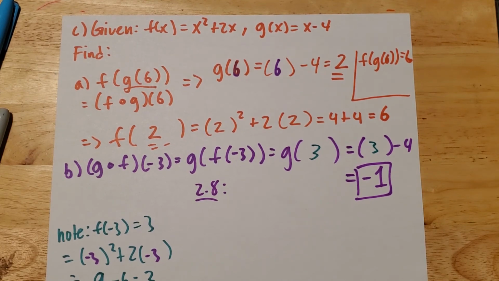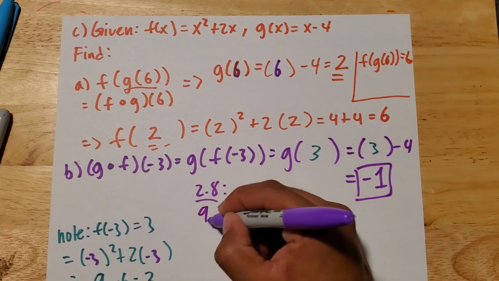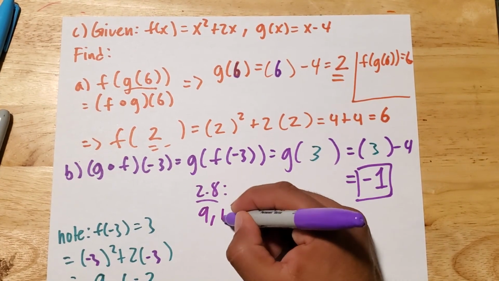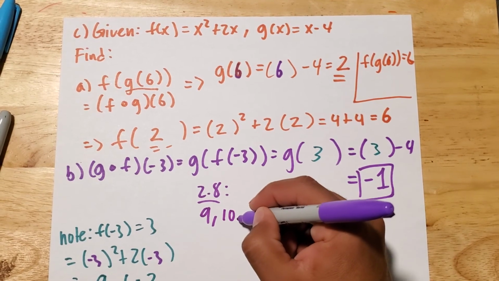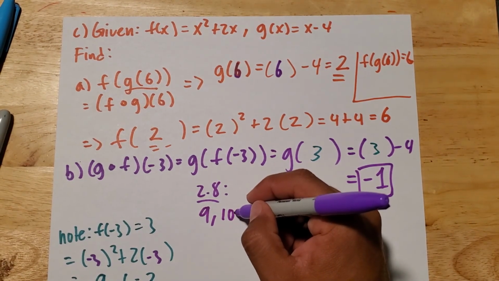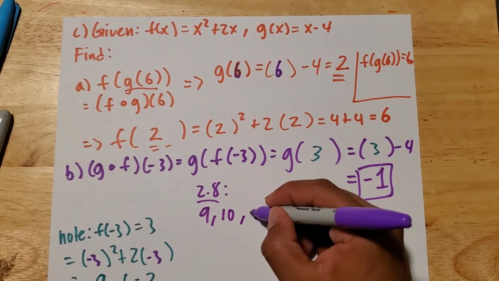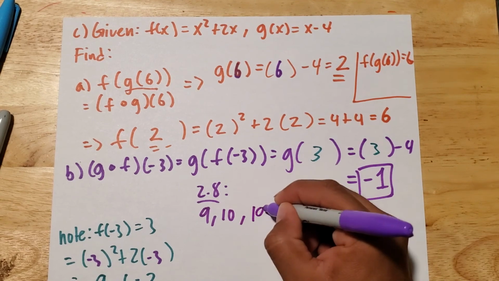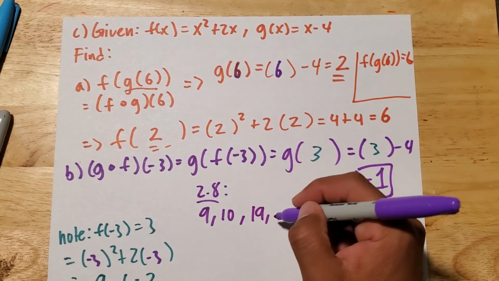Let's say number 9. Number 9 is good. Number 10. Some of this stuff is for what we did at the beginning with combinations, or operations with functions. I'm going to jump to 19.